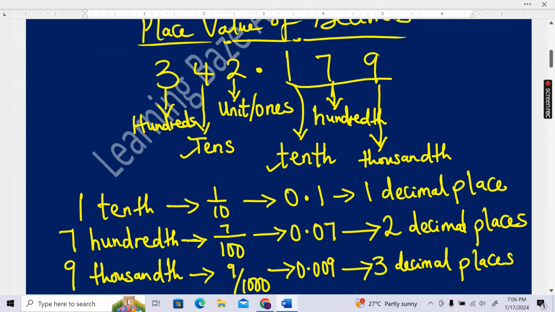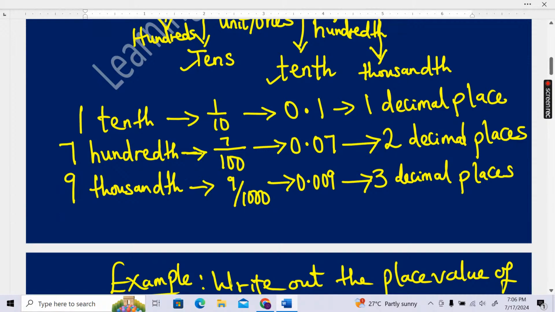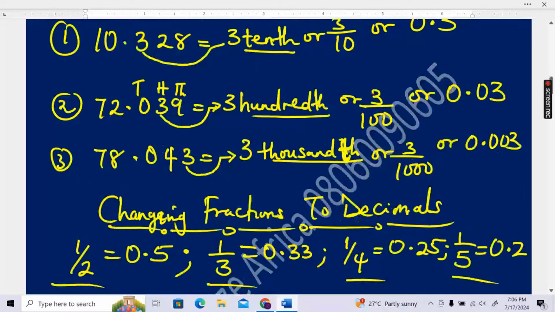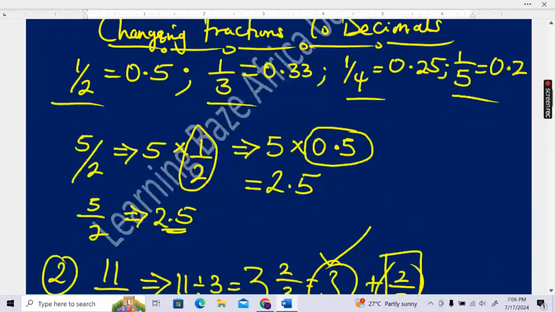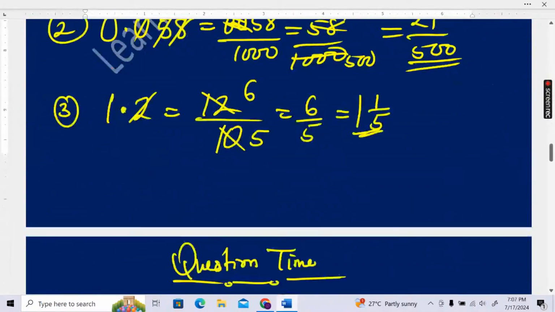The first one is the tenth, the next one is the hundredth, and the third decimal place is the thousandth. And we have also learned how to write them in other ways, how to change fractions to decimals and also how to change decimals to fractions.